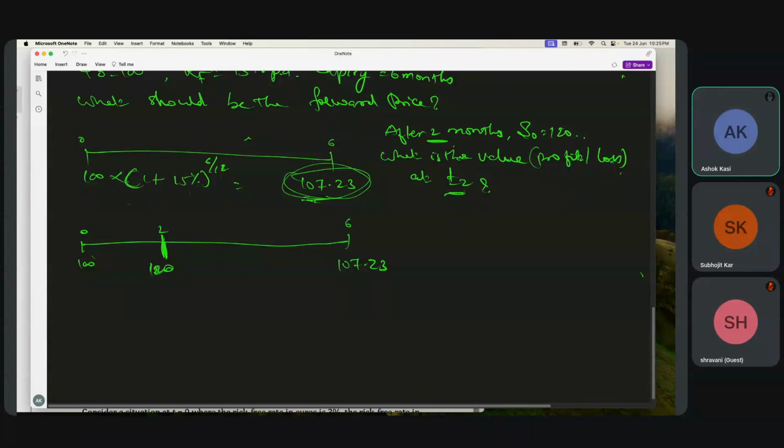Because I'm standing at time 2, I have to bring everything to time 2. See, I have to bring it over here. Today, what would be the price of this 107?